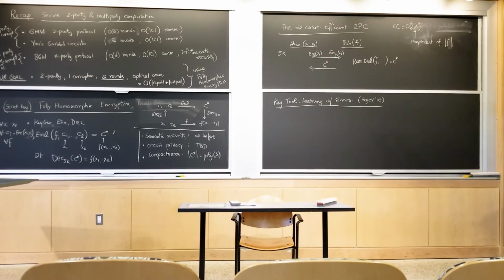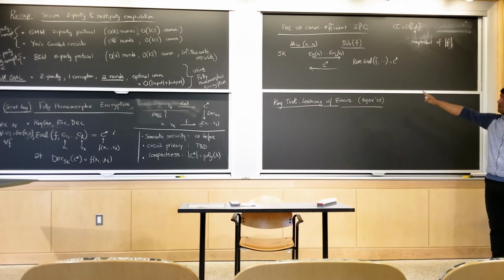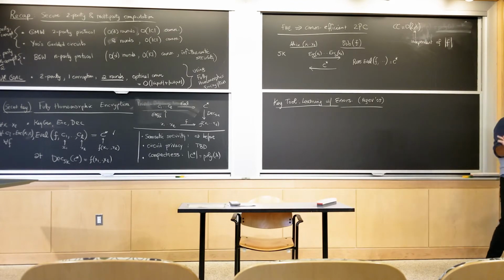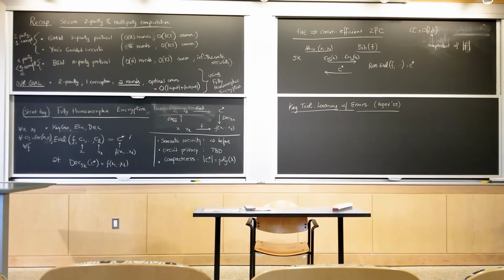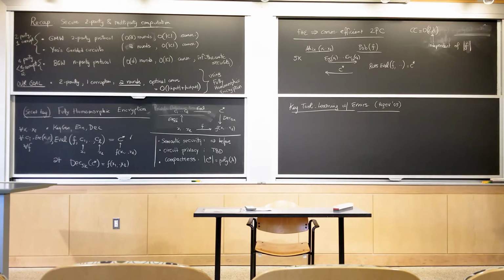Yeah. So the setting that the question was about is where Bob doesn't have a function circuit. Rather, Bob has an input, a string y1 up to yl, and they are interested in computing some function on x and y. So now, of course, you can take this function and look at the inputs and say, well, let me hard code the y. That gives you another function. Just compute it.